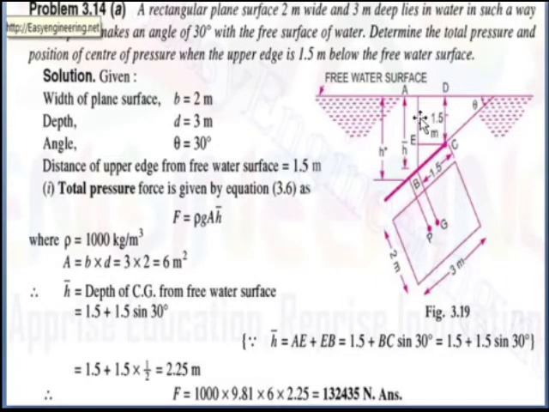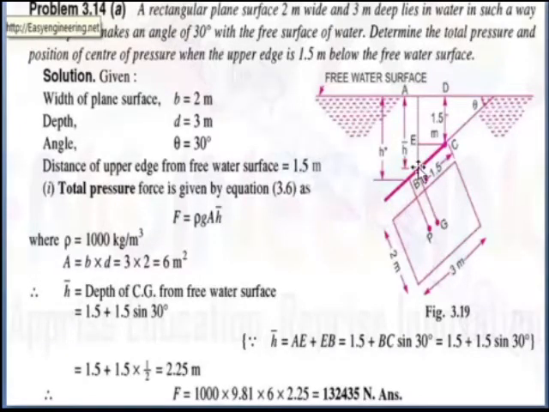So h bar is equal to, consider this triangle, h bar is equal to AE plus EB. AE is nothing but the DC, which is equal to 1.5. So AE plus EB is nothing but the distance, that is h bar.